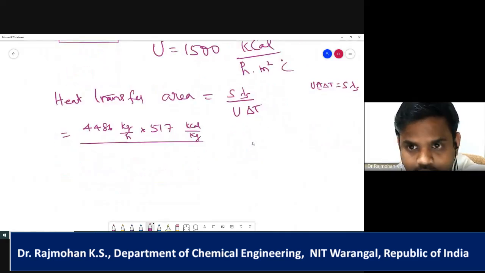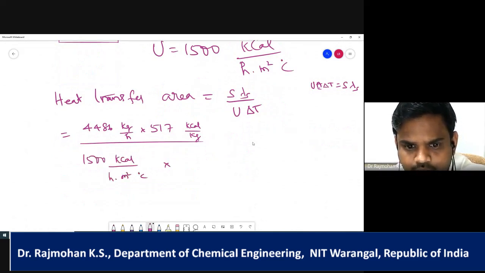Heat transfer coefficient is given 1500 kilocalories per hour meter square degree Celsius into delta T is 34 degrees Celsius.